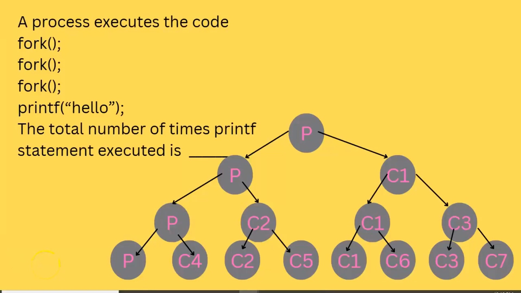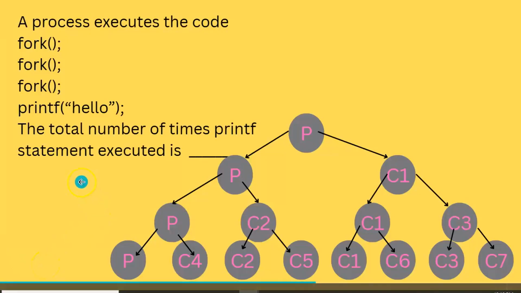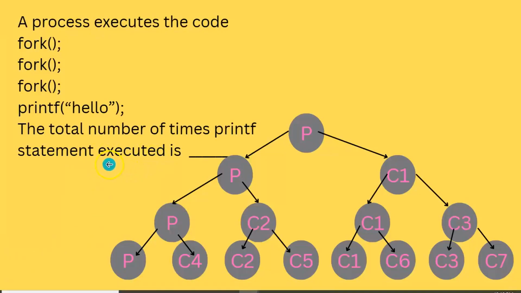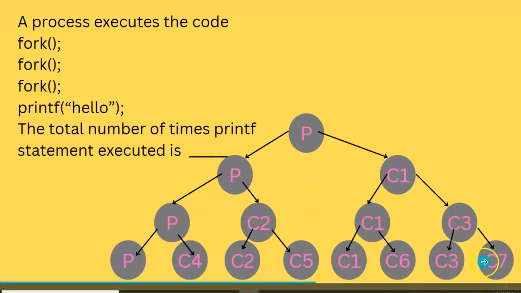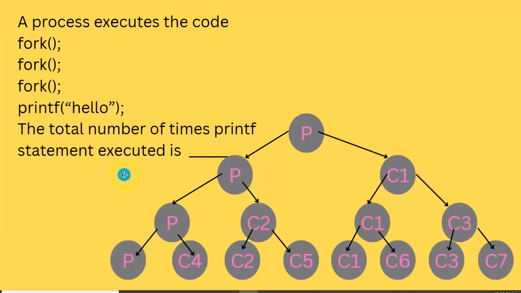Now, the question is how many times the printf statement is executed. In the previous question, the problem was to find out the total number of child processes created. So by observing this diagram, how many child processes are created? 7. That is 2 to the power of 3 minus 1. But now, how many times is the printf statement executed?